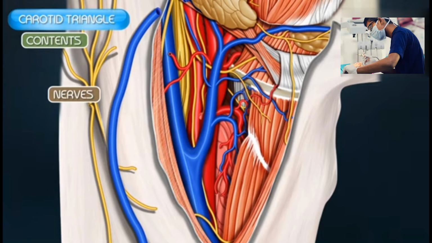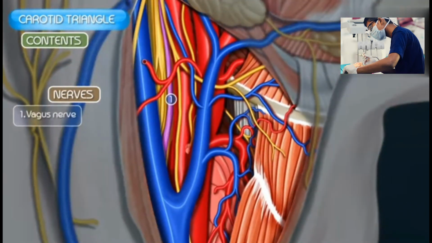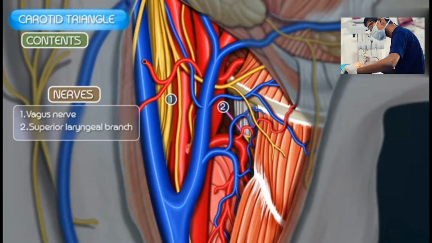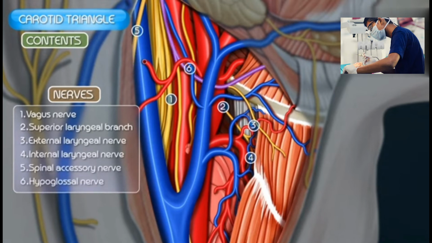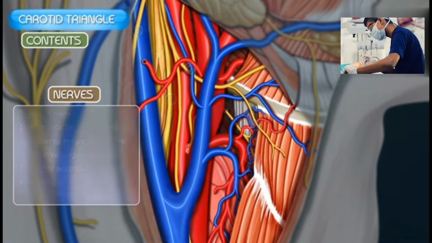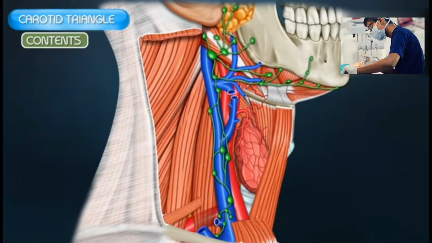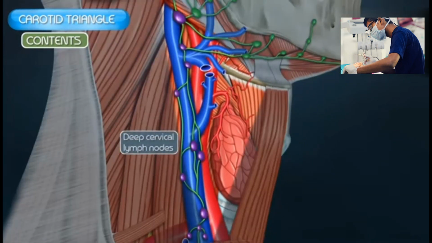The main nerves are the vagus nerve and the superior laryngeal nerve that divides into external and internal laryngeal nerves. These nerves supply the larynx, and other nerves are the spinal accessory nerve, hypoglossal nerve and the sympathetic chain of nerves. These are all the nerves present in the carotid triangle. We are done with arteries, veins and nerves of the carotid triangle.